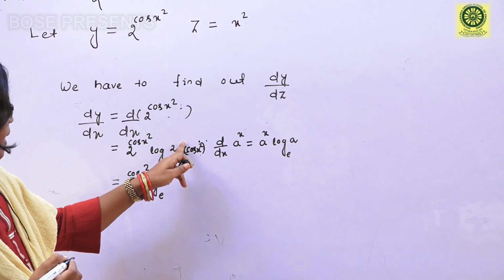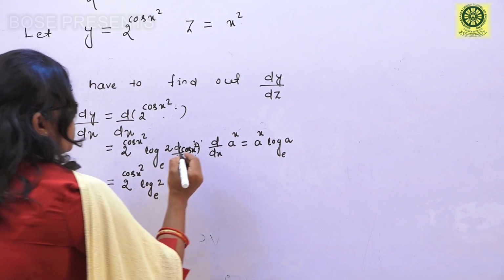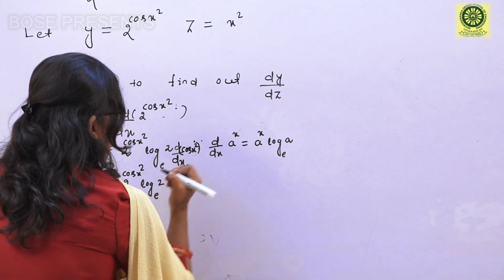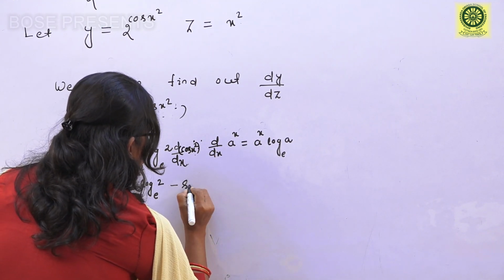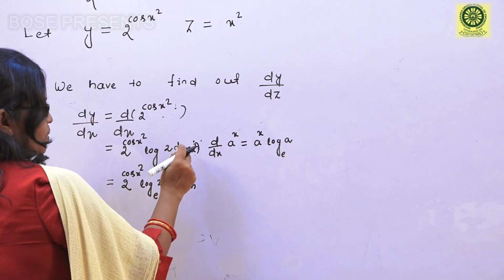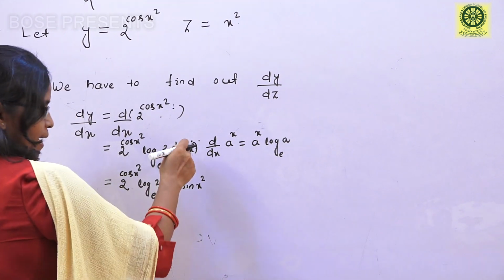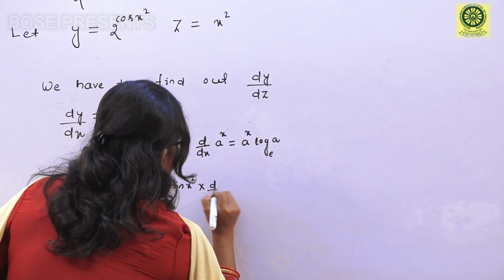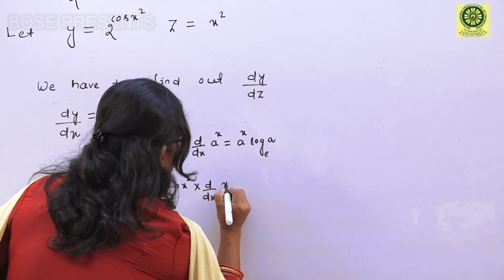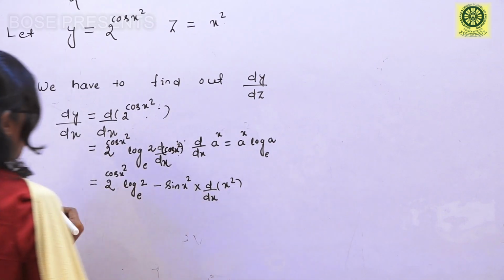And here you see d by dx of cos x square. Suppose you think here x square is x. So d by dx of cos x equals what? Minus sin x. But in place of x here x square, so minus sin x square, and again x square is one differentiable function, so we write d by dx of x square.